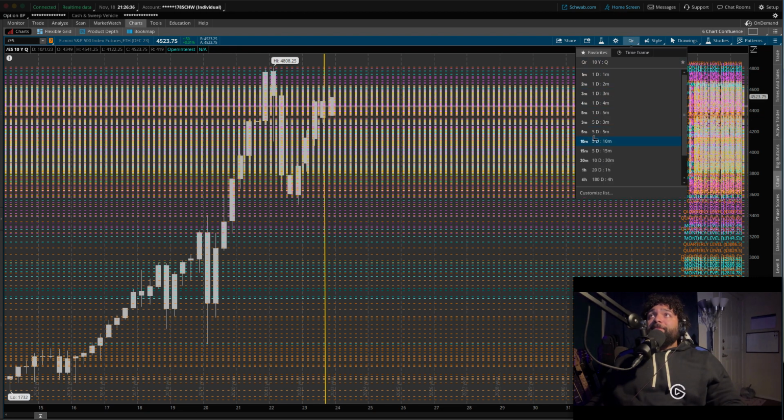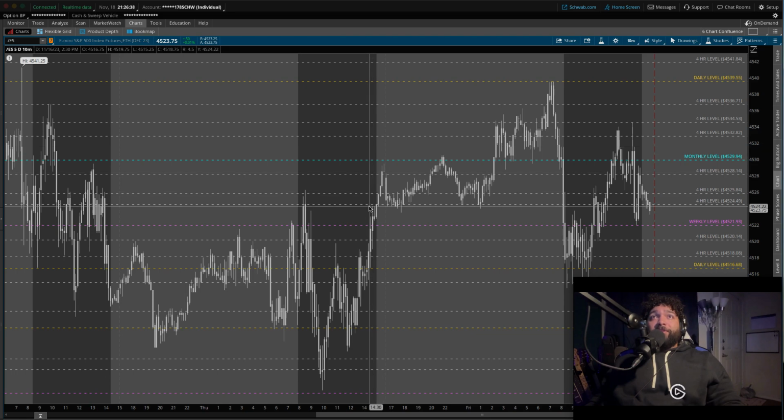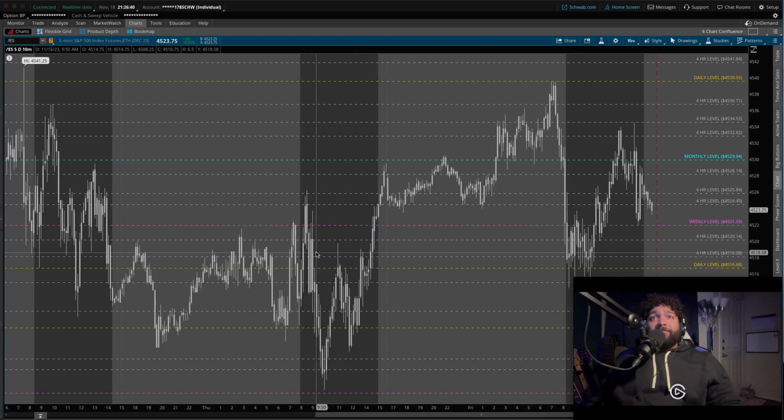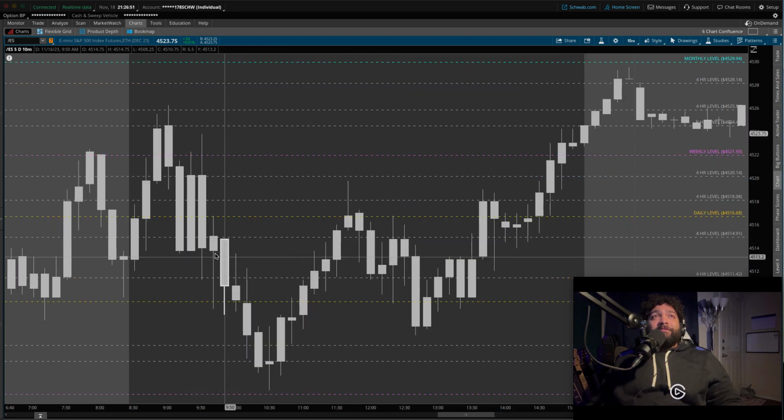But once you get down to the levels that you're trading, that can be a lot to look at, especially if you've got your indicators going at the same time. It can really mess with your head, and it can make it hard to play levels if you're trying to.